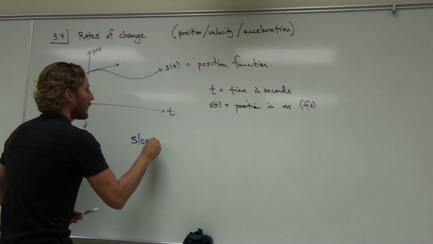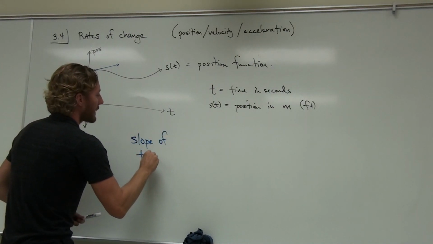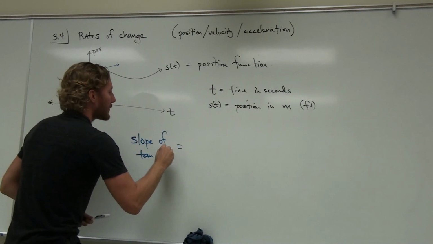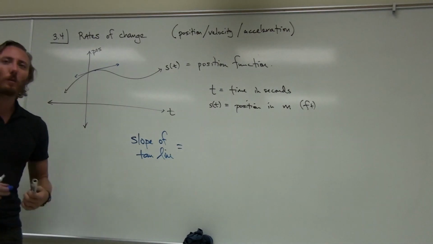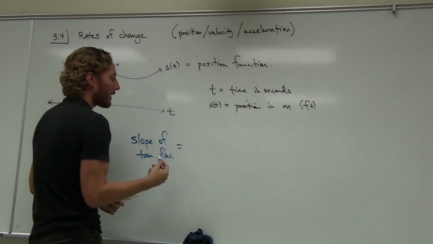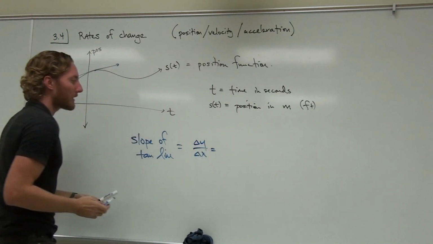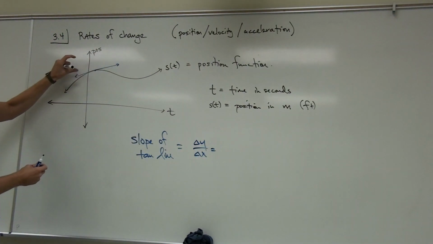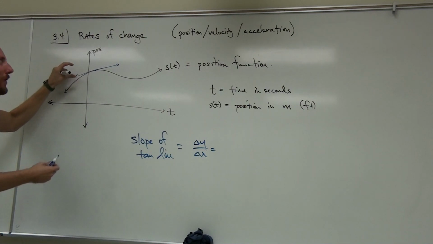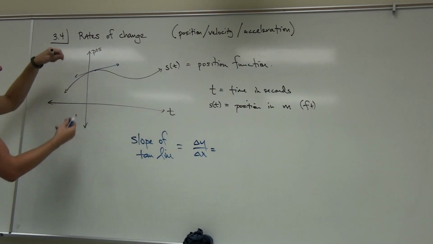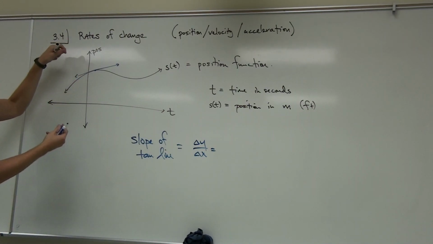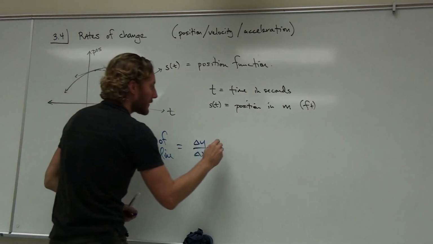What would the slope of the tangent line here be in terms of? Because you know the slope of any line is just some change in y over change in x. And in particular, the change in the vertical axis for this problem is not just any change in y, but change in position.